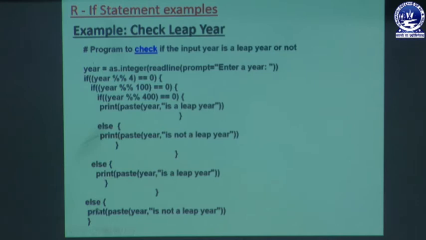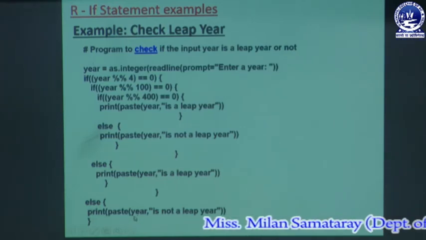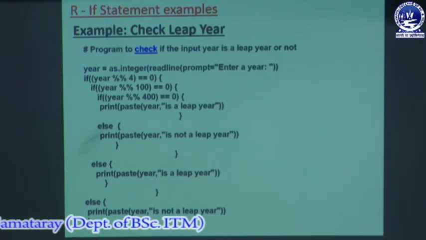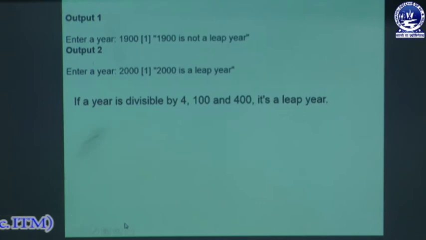And then else print paste year is not a leap year. That means the value will be displayed, that is, 1900 is not a leap year. Then next, let the user enter another year, that is 2000.